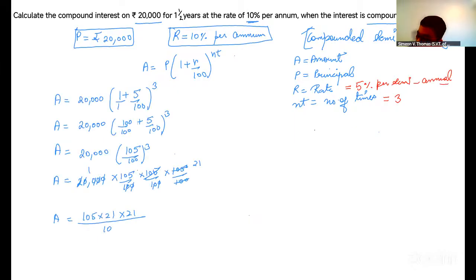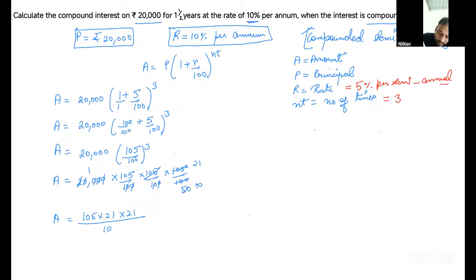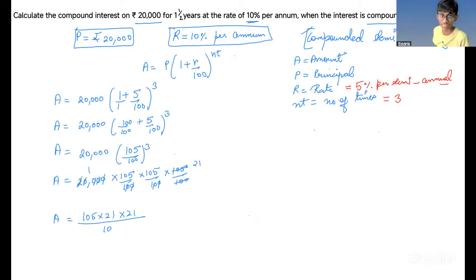Sorry, 5 Sir, into 21 into 21 into 21. You will get 105 into 21 into 21 divided by 4. So there should be 3 21s, not 2. Sorry, you did wrong. There should be 3 21s, not 1.